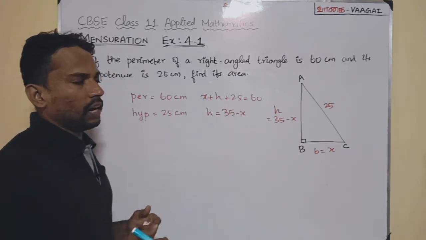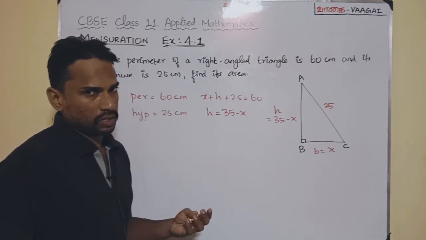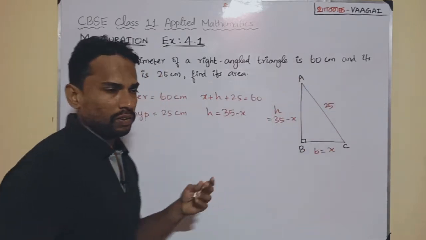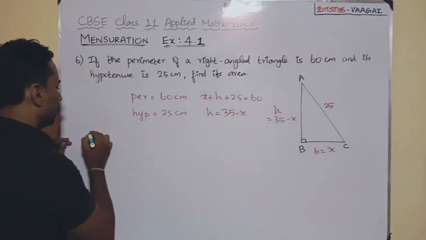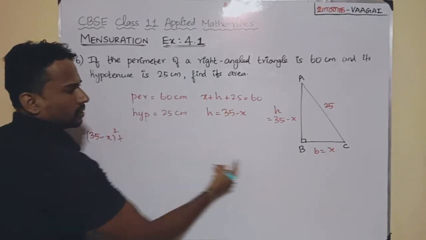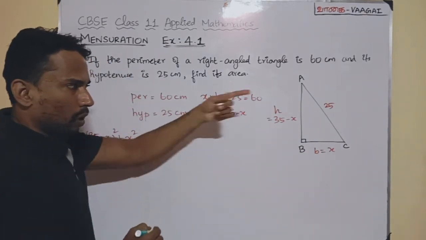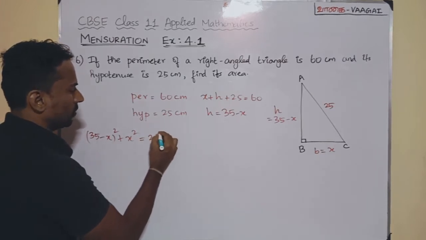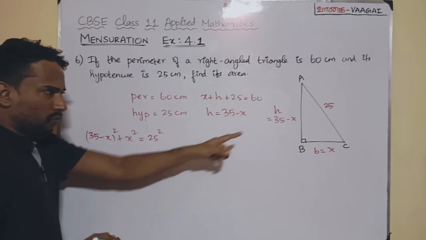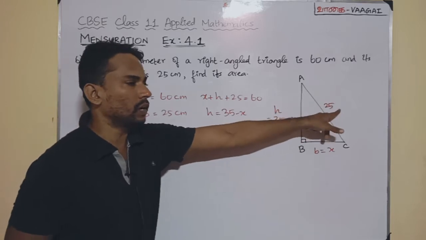Now look here, our triangle is a right angle triangle, so we can very well use the Pythagoras theorem to relate all three sides. We will get (35 minus x) the whole square, plus the base x square, equal to the hypotenuse squared, that is 25 square. So the sum of squares of these two sides equals the square of the hypotenuse.